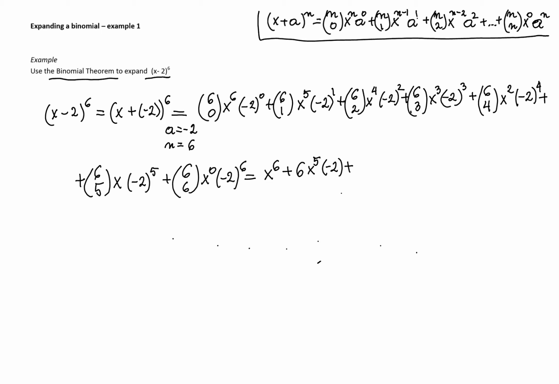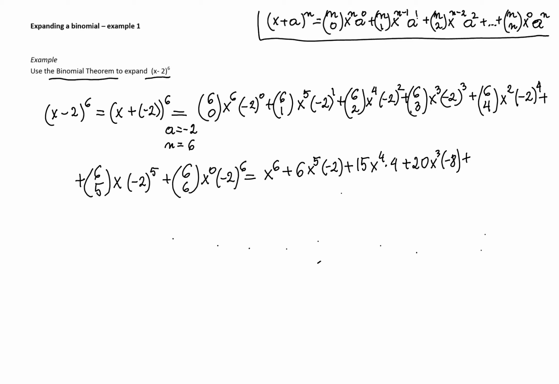Then we'll have 6 choose 2, and we'll have to compute that using the definition, and that's going to be 15. Then we'll have x to the power 4 times 4, plus 6 choose 3, again we'll use the definition, that's going to be 20, x to the third times negative 8.